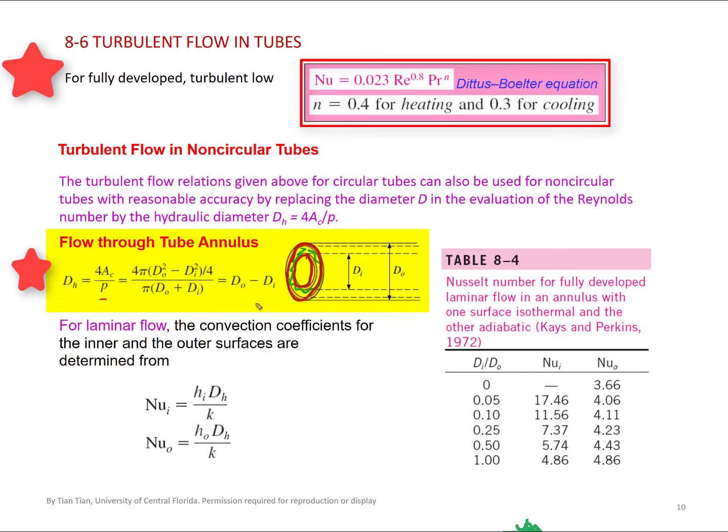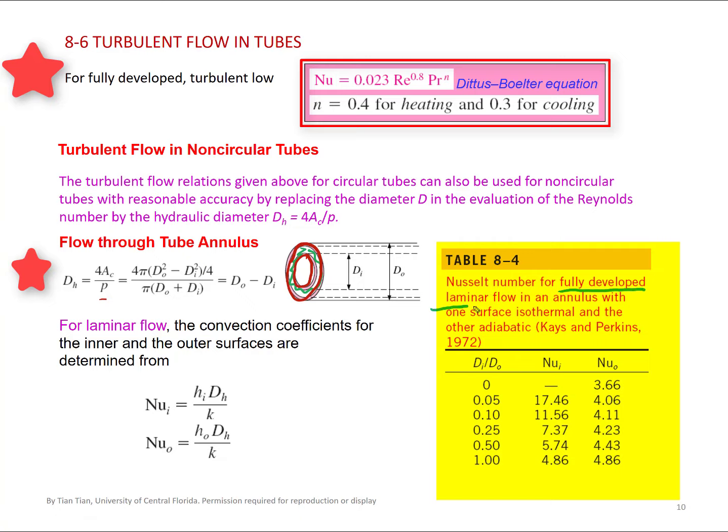So the hydraulic diameter for an annulus tube is outer diameter minus inner diameter. For this special case, fully developed laminar flow in an annulus with one surface isothermal and the other adiabatic, we have the Nusselt number. Pay attention here.